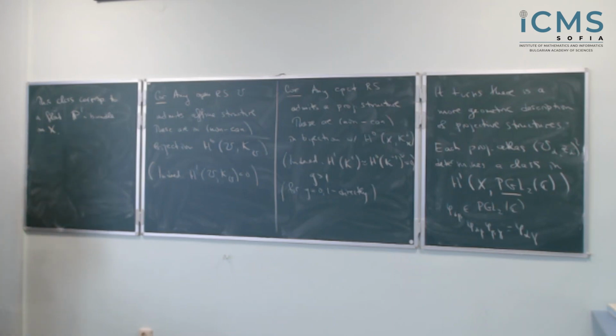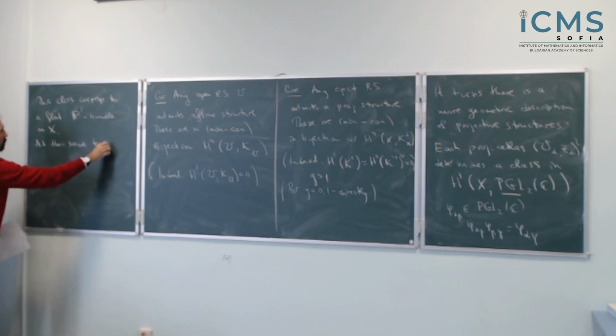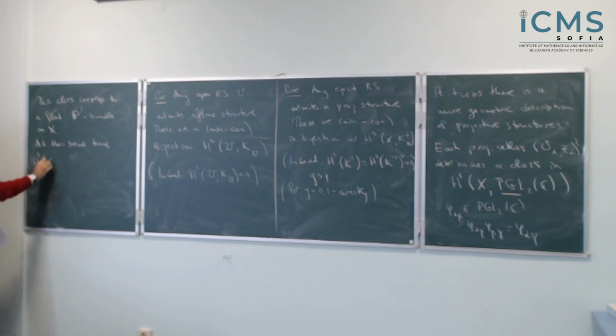At the same time, one can show that you can think of these elements of H1(X, PGL2), this class can actually be lifted to SL2. So if you're annoyed by the PGL2, by choosing a theta characteristic, you can lift that class to SL2.